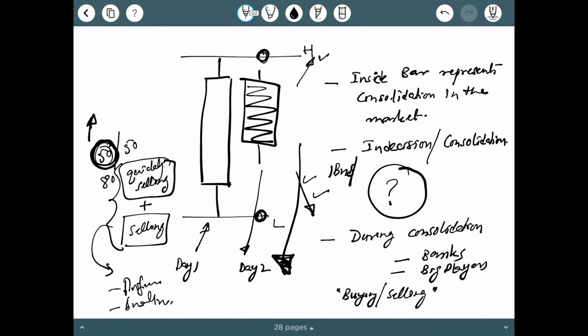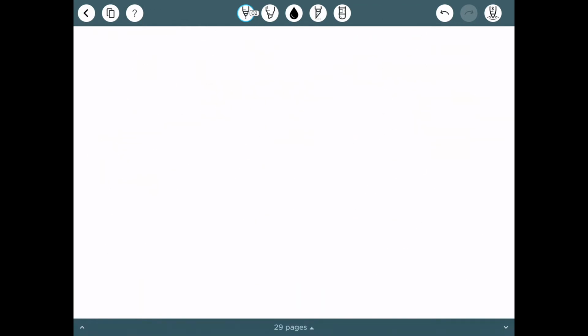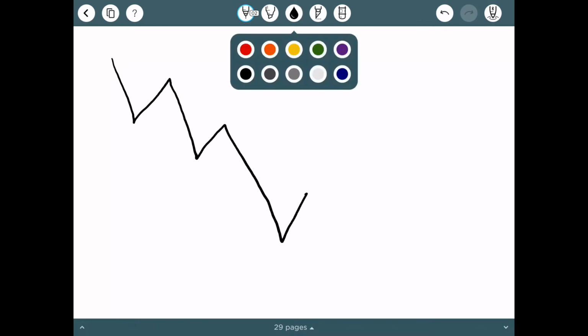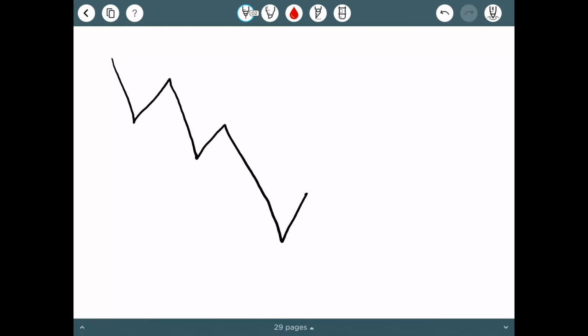Now I will show you an example of how to trade an inside bar from the key levels. Let's take a scenario here. Let's say the market was moving down, and then the market is trying to come up here, and I'll draw some key levels for you to understand.